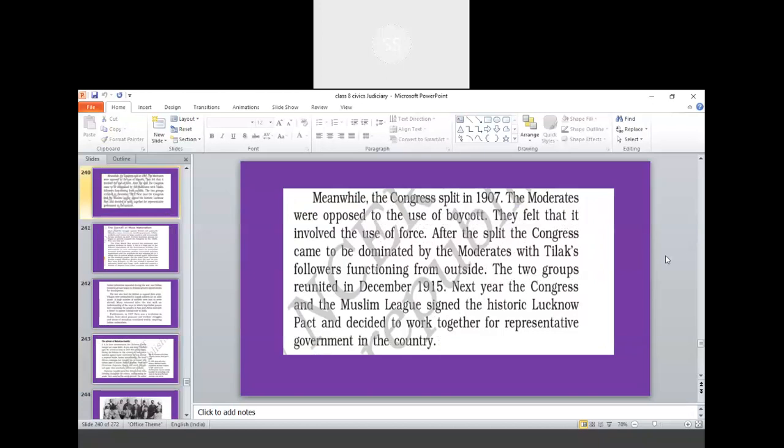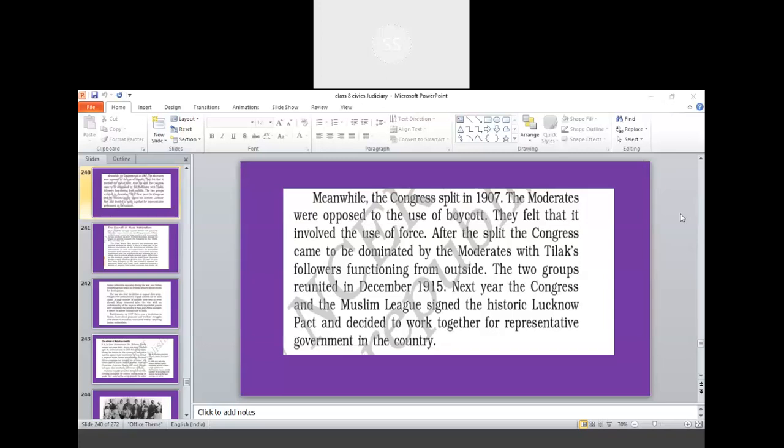So they fought with three major aims. One, Swaraj. Second, Swadeshi. Third, boycott of British goods as well as institutions, because they said don't attend British schools and colleges.